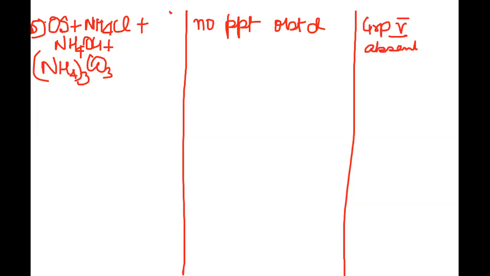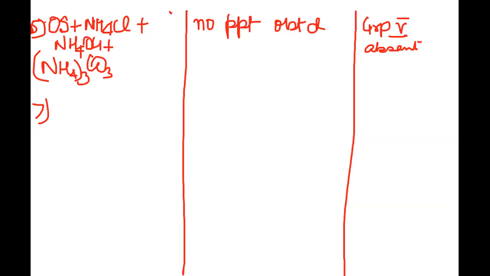Next, then we come to the one that you will see in the video about the testing of the magnesium ions. If all the cations from group 0 to group 5 are absent, only then you will proceed to group 6, because you cannot test group 6 if you have not carried out the tests between group 0 and group 5.